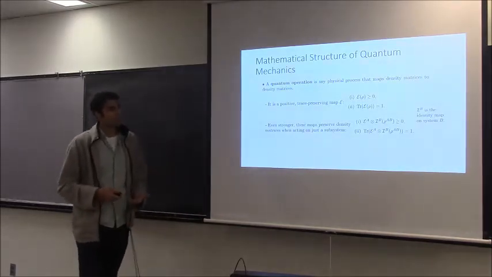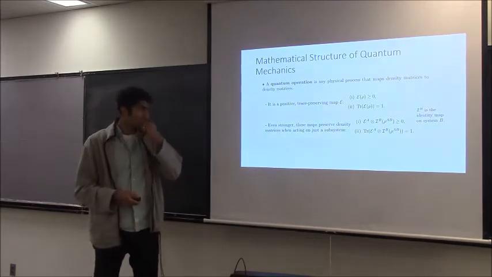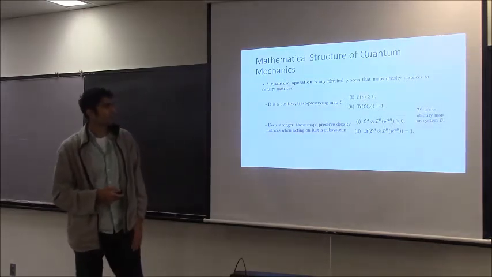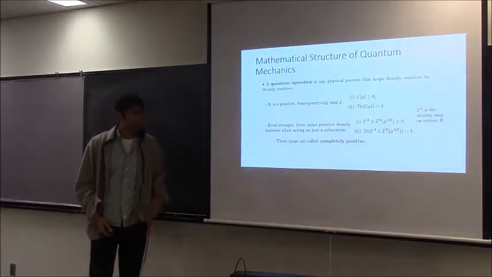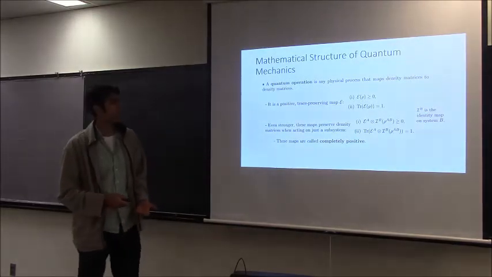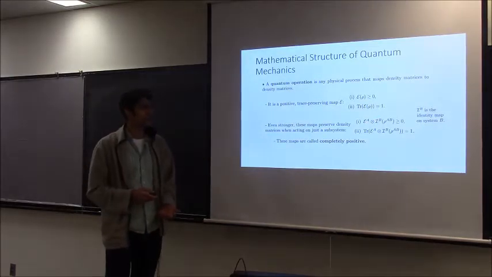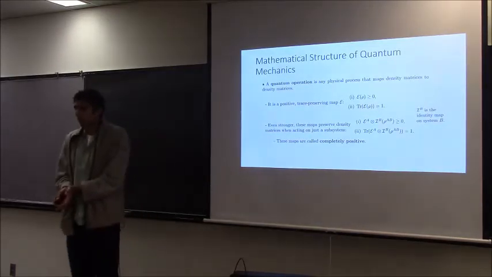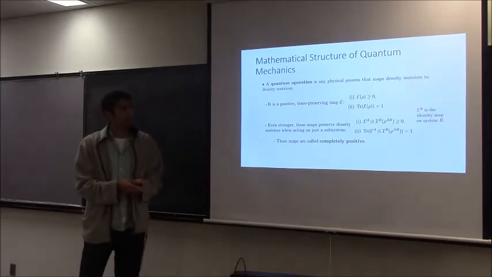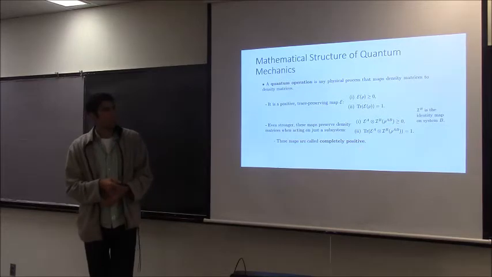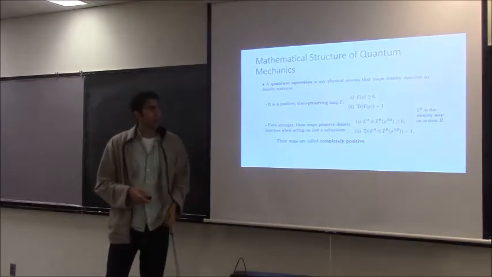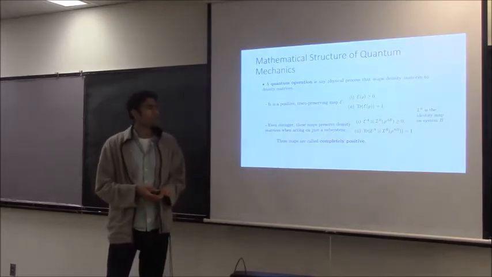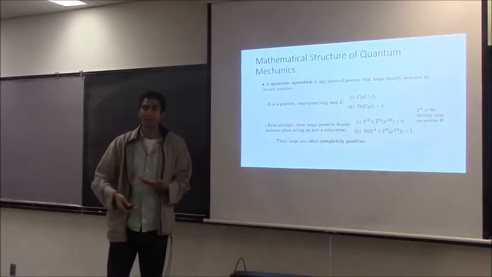But actually we should demand something a bit stronger. We should not only demand positivity, but also something known as complete positivity. Complete positivity says that if I have my map E and I act on just a subsystem, system A, and do nothing to system B, that should still preserve the joint density matrix AB. You can think of this as follows: let's say Messiah and I share a state.